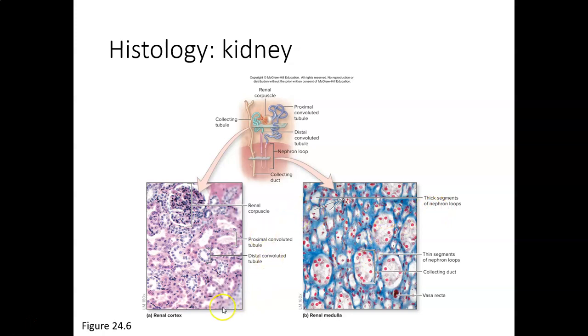I want you guys to really focus on the renal cortex, because here you can see the ducts, but also you can find the glomerulus, the renal corpuscle. You can only find the renal corpuscle, which includes the glomerulus inside, in the cortex, not in the medulla.